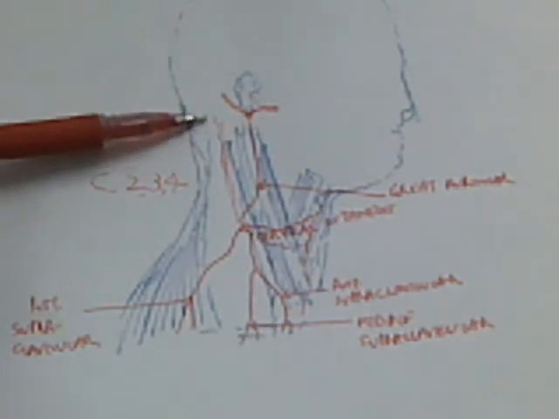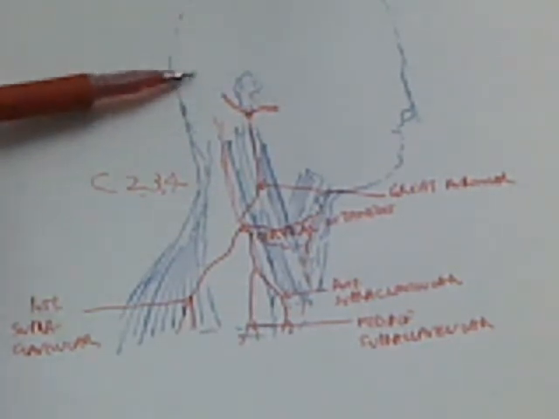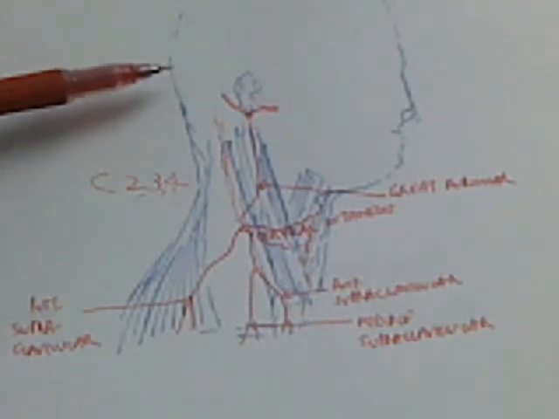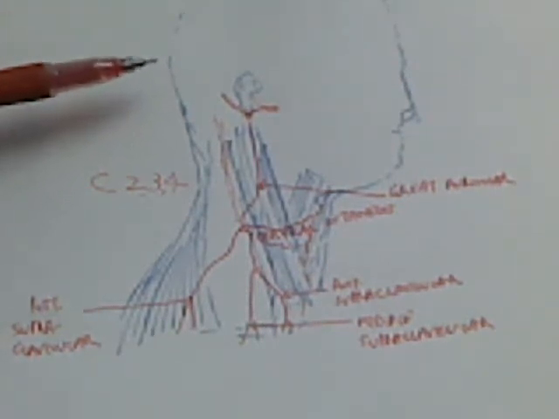So it is communicating with three nerves: the greater occipital, greater auricular, and the posterior auricular branch of the facial.